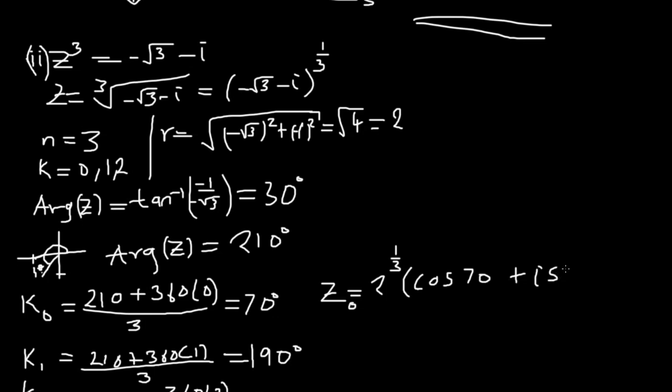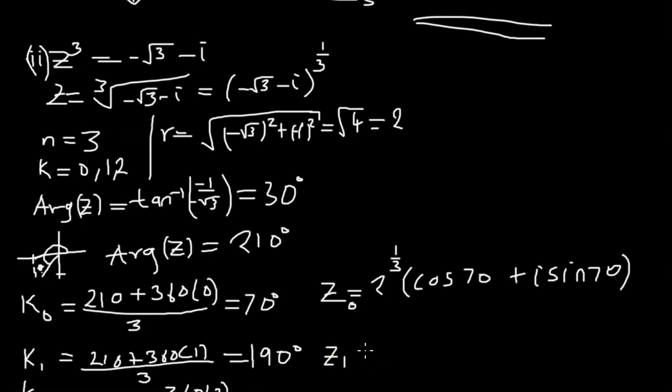In other words, this is the simplest way you can master all the processes of doing this. Then when k is equal to 1, you find your z1.